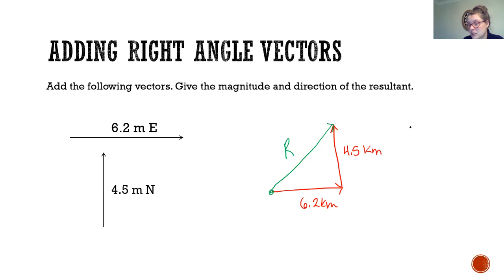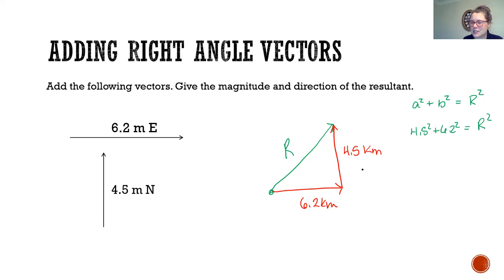So the resultant is going to be a squared plus b squared equals, I'll call it our resultant squared, just to use that r in there. All right, so it's as simple as 4.5 squared plus 6.2 squared equals the resultant squared. I haven't calculated this ahead. Make sure you square things first.